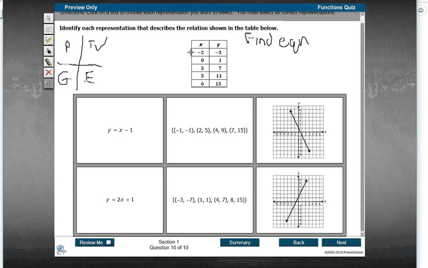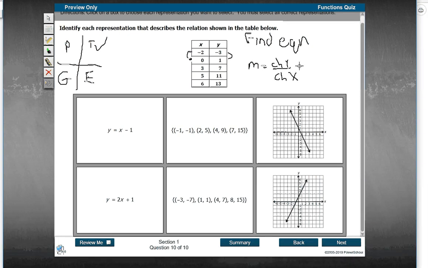Again, we can use that ladder to find our change in x and our change in y. You only need those two points. And so for our slope, we have the change in y and our change in x.